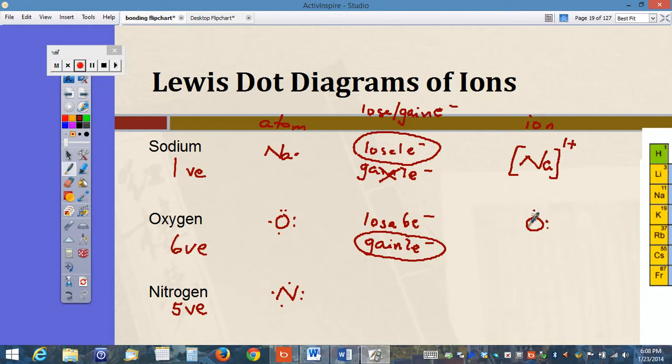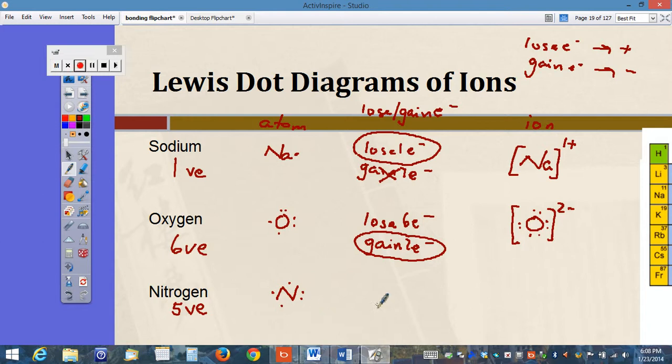The 2 together, 3, 4, 5, 6, 7, 8. He has now a 2 minus charge because he has gained 2 electrons. Remember, lose electrons, you're going to become positive. Gain electrons, you're going to become negative. And the brackets around it to show it's an ion.